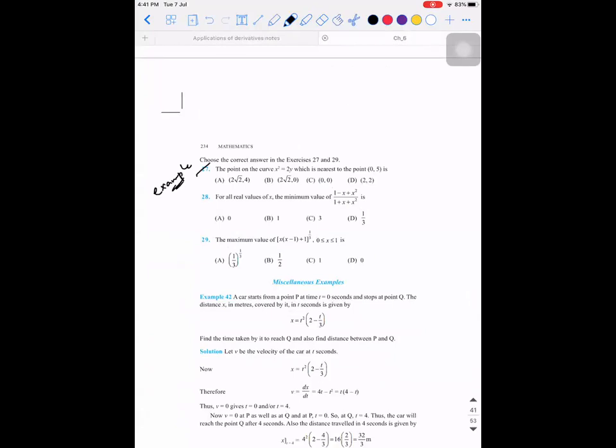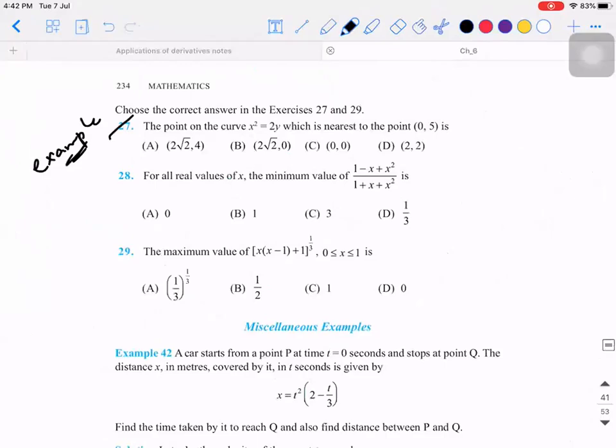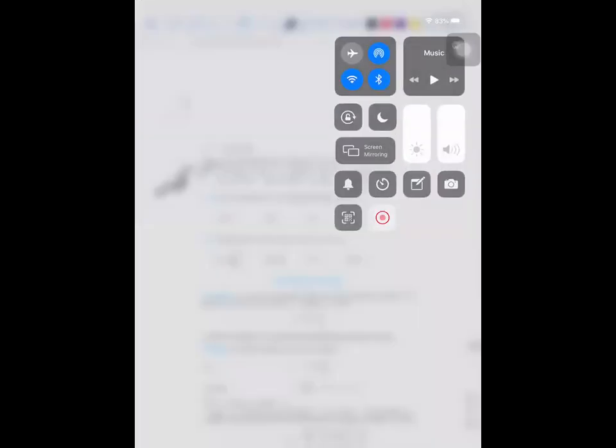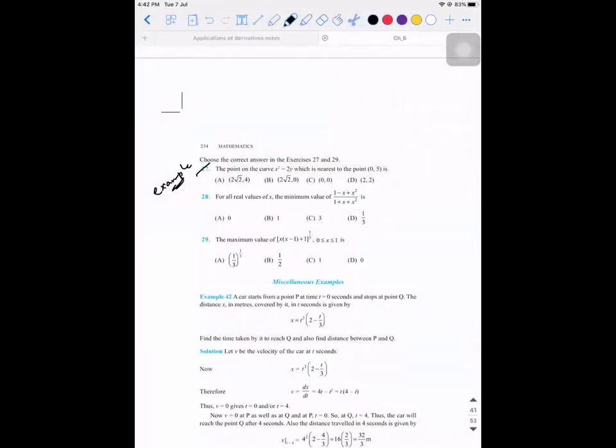For all real values of x, the minimum of 1 minus x plus x square divided by 1 plus x square is equal to what? So for all real values of x, the minimum value of 1 minus x plus x square divided by 1 plus x square.